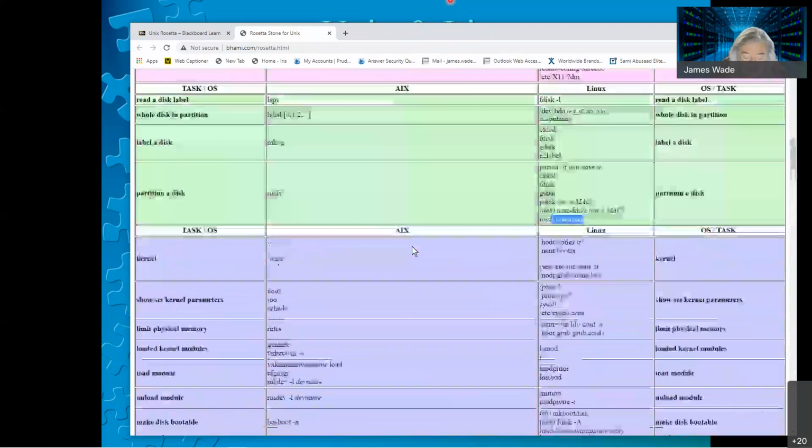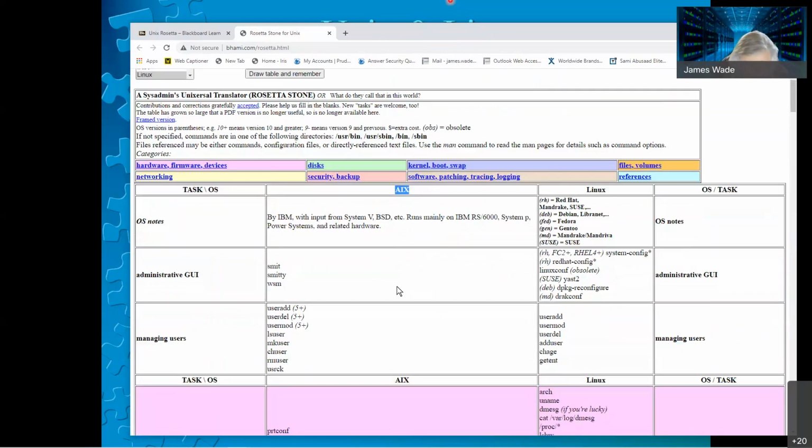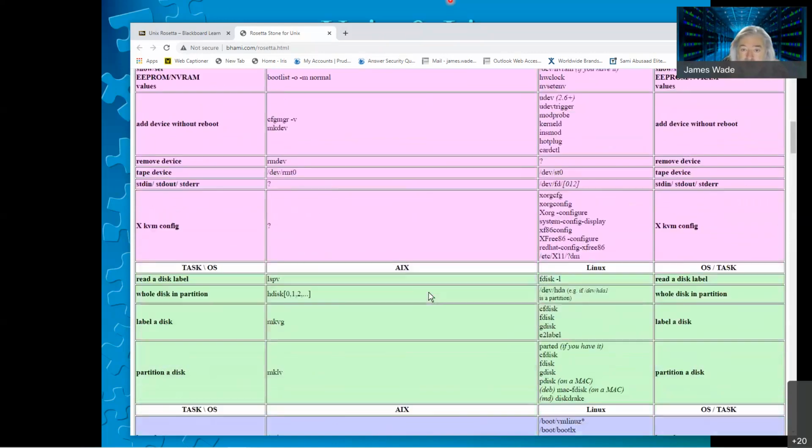If the job posting said, we need somebody with Linux, and AIX is helpful too, then I would go through and look at this and memorize some of it.